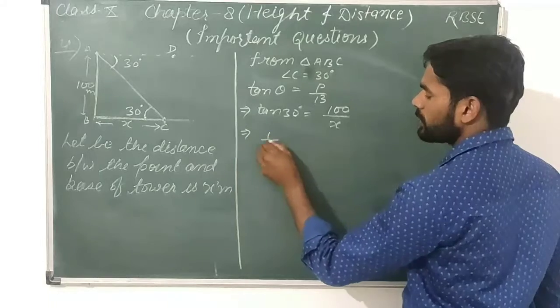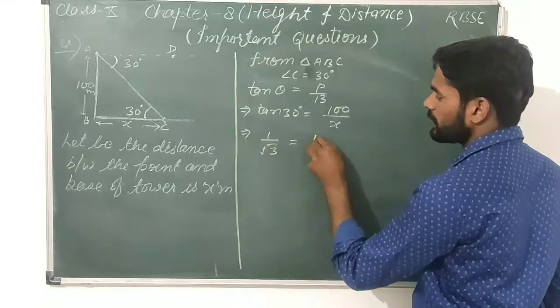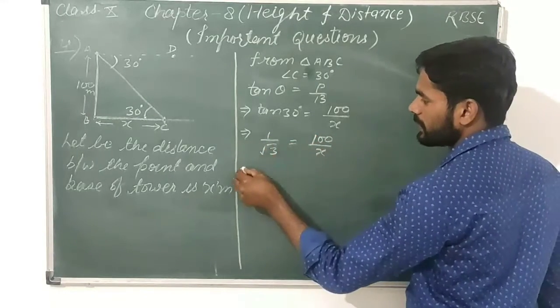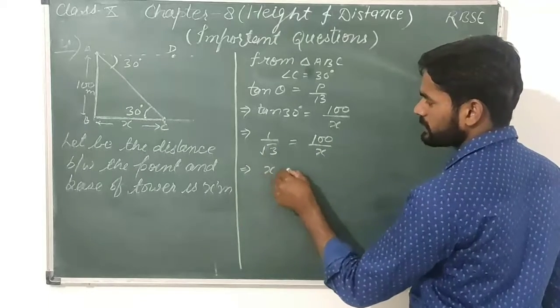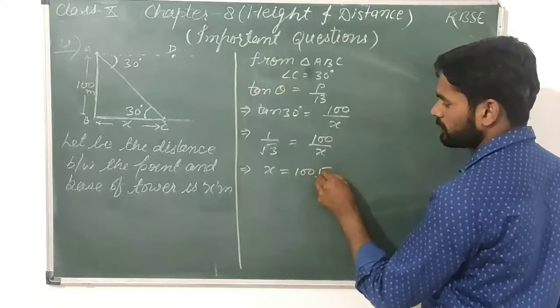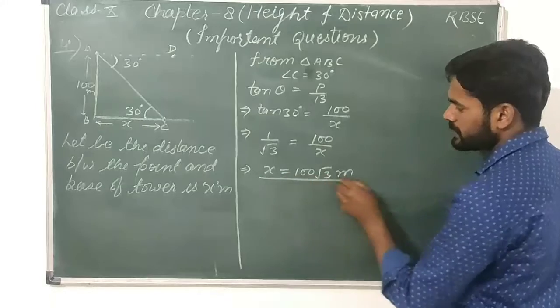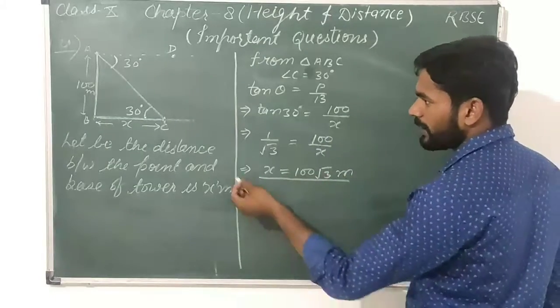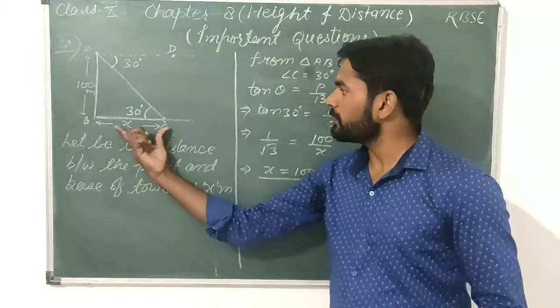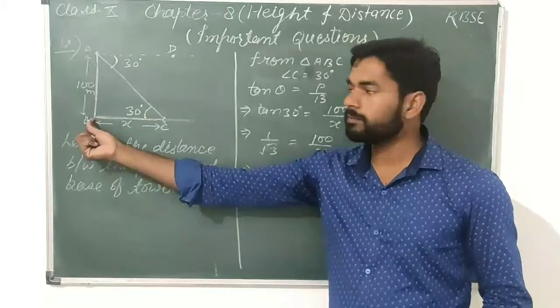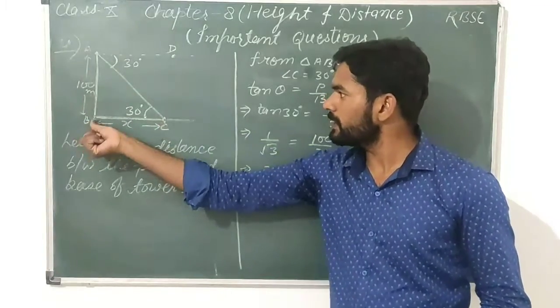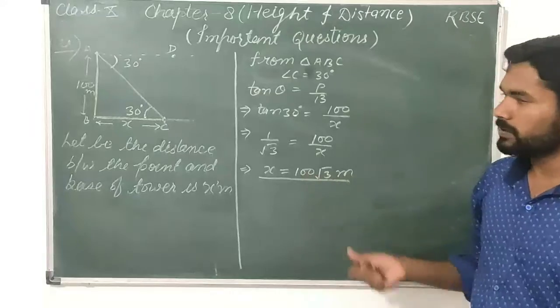Tan 30 is 1 upon root 3, equal to 100 upon x, which implies, on cross multiplying, x is equal to 100 root 3. X is a distance, so it is in meters. Finally we can say that the distance between the point and the base of the tower will be 100 root 3 meters.